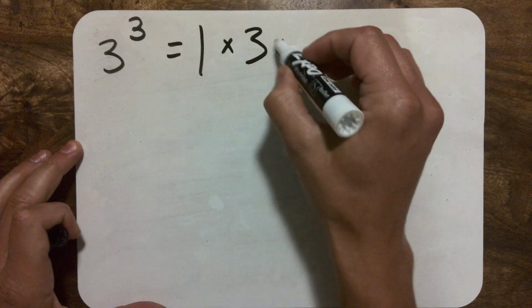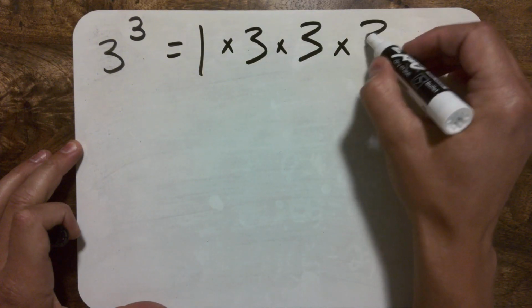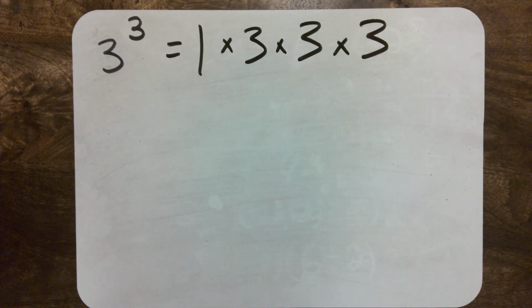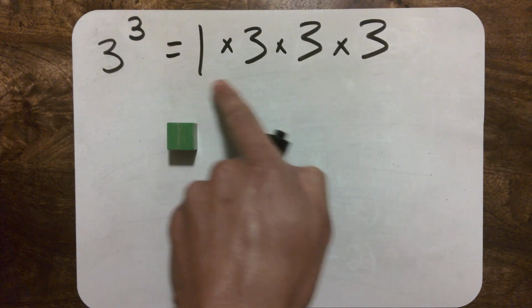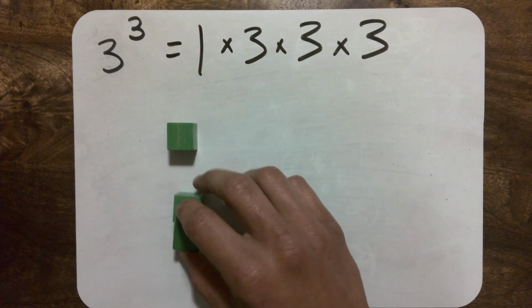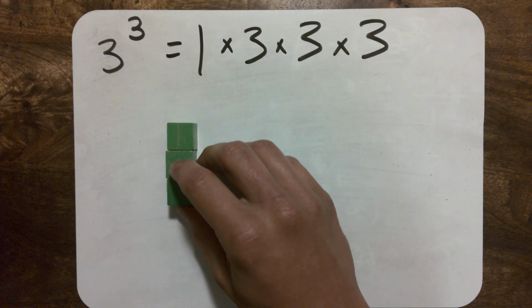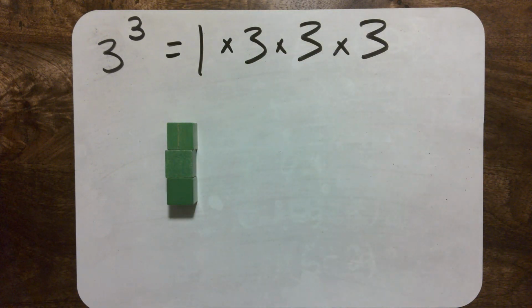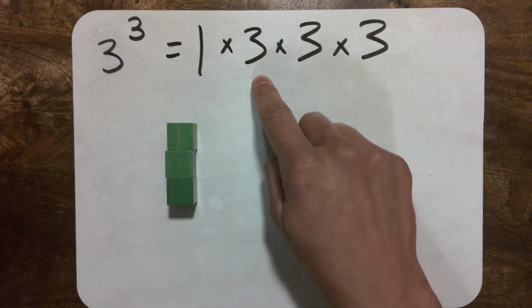So 1 times 3 times 3 times 3. So again, this is 1. We multiply it by 3, our first 3, so 1 times 3. So instead of just having the 1 group, we'll have 3 groups. Okay, so that's our first one.